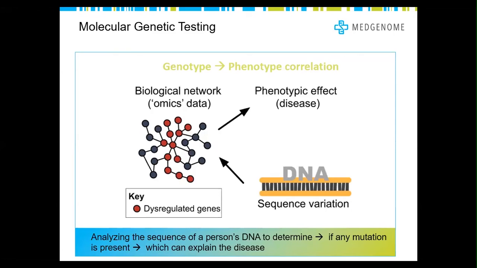So what we are trying to do is have an association between the genotype and the phenotype. So whatever biological network or molecular abnormality we are getting, whether it will explain the disease in your child is known as a genotype-phenotype correlation. And that is the purpose of doing molecular genetic testing.